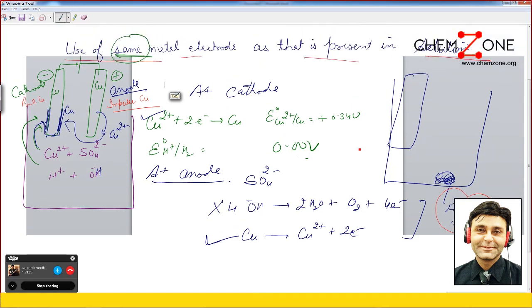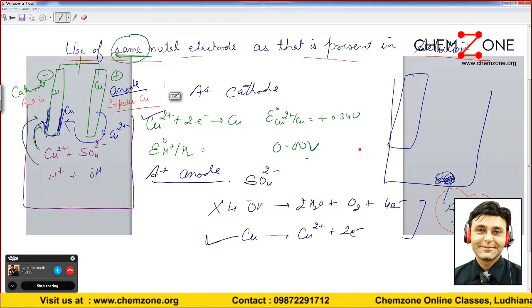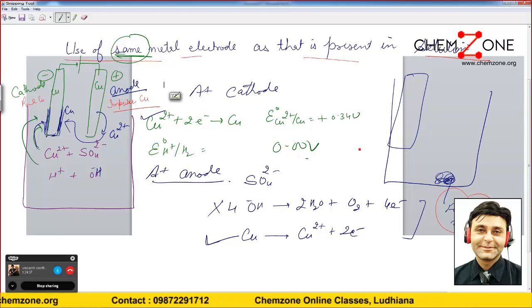One thing I have a doubt is, these potentials of the electrodes, how do you remember them? Okay, our next topic is electrochemical cell, right?